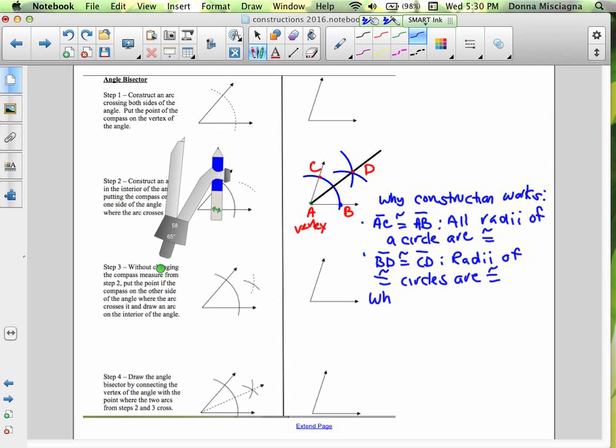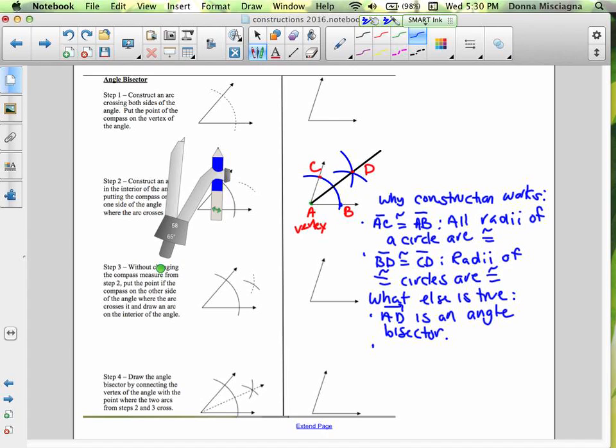What else is true because of this? So what else do we know about this construction? Well, first of all, we know that ray AD is an angle bisector. Right? We've constructed an angle bisector.